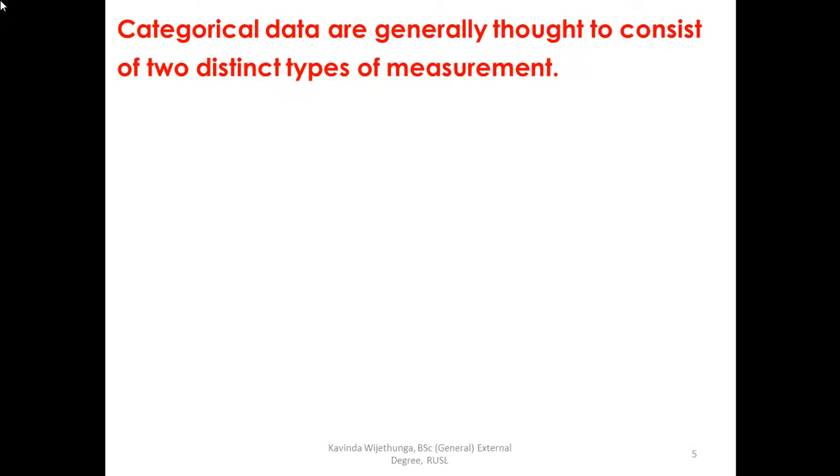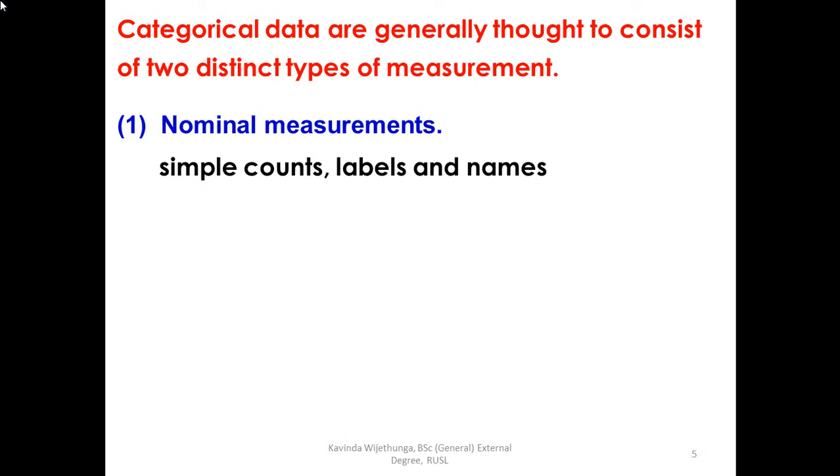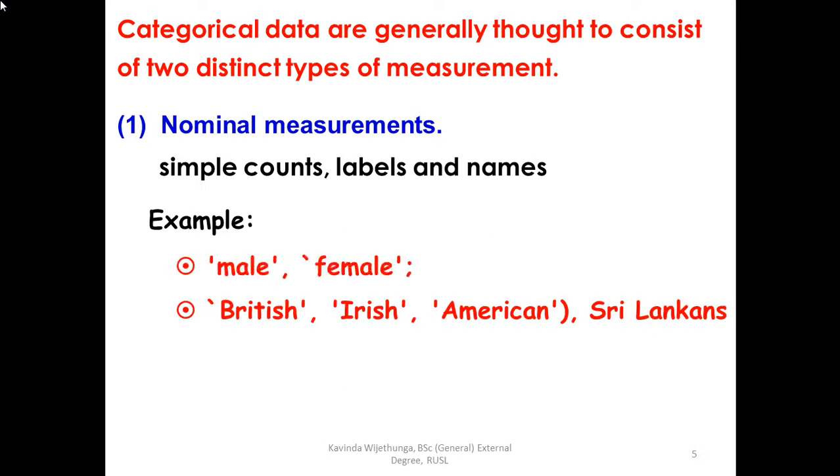Categorical data are generally thought to consist of two distinct types of measurement. Nominal measurements: simple counts, labels and names. Examples: male, female, British, Irish, American, Sri Lankans. So those are nominal measurements.